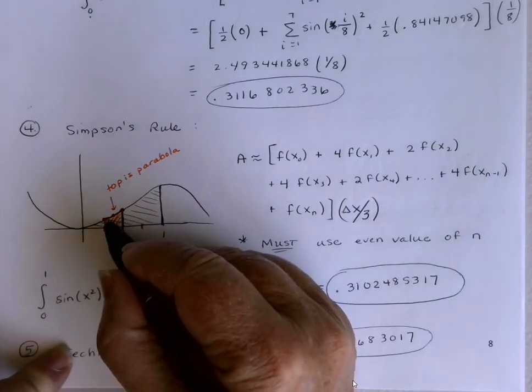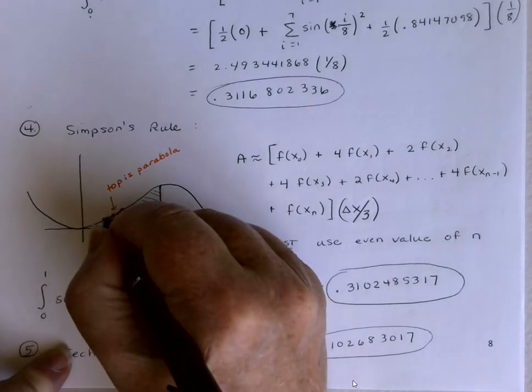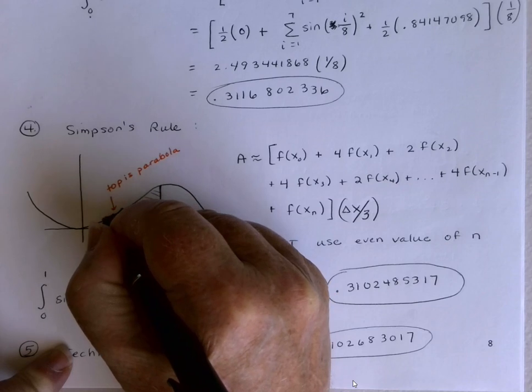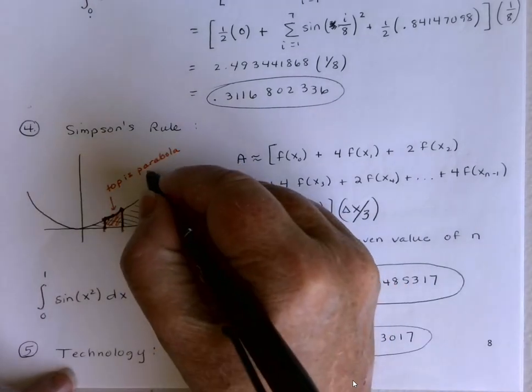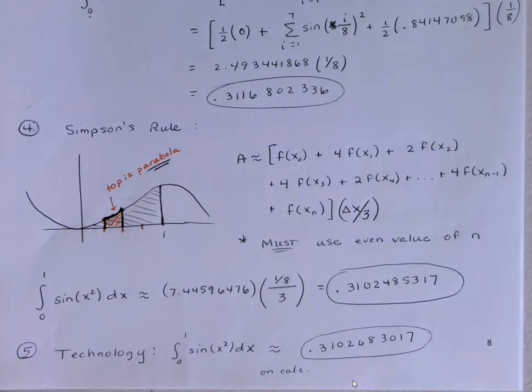But instead of drawing a straight line through the endpoints, we're allowing for a curve along the top. Not a perfect curve. It's not going to exactly follow every function because it is going to be a parabola. But by allowing the curve, our approximation gets a lot better.